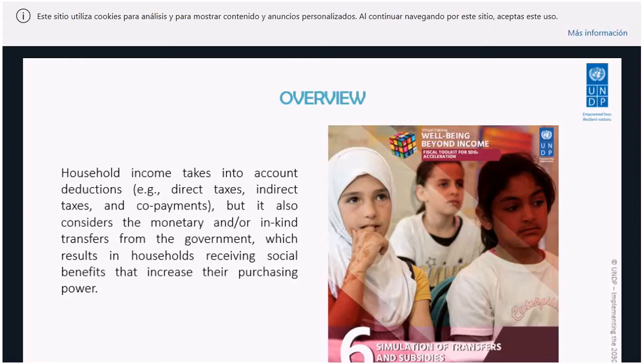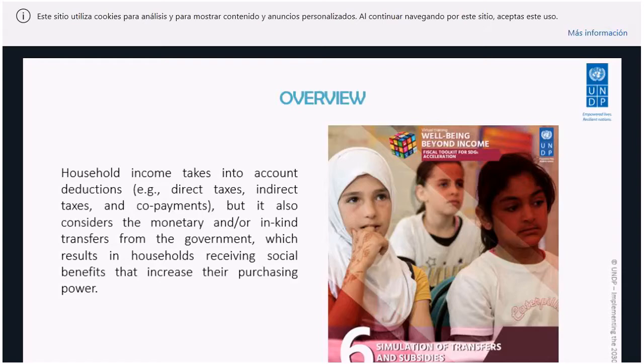So why is it important? Because it is important to include the redistribution system, the social expenditure side, into the question, because it is closely interrelated with the taxation side, right?